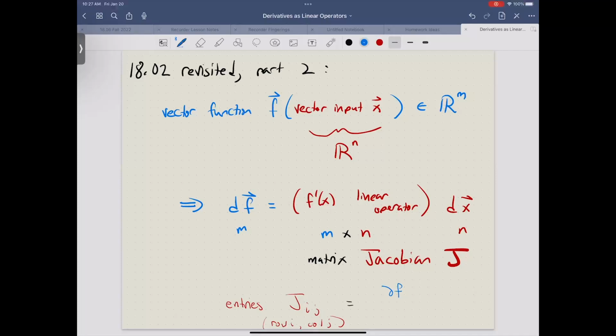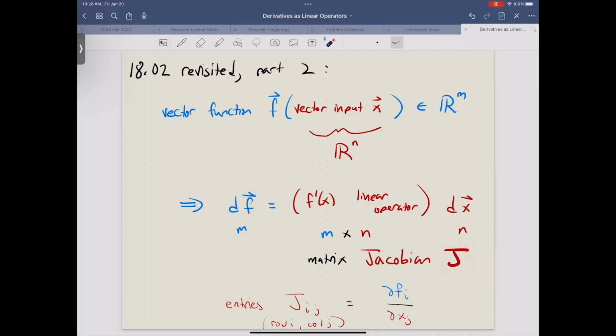It's the same thing as partial f_i, the derivative of the ith output with respect to the jth input. And I always used to get these confused. Which one's the rows, which one's the columns? Is it df_i dx_j, or df_j dx_i? In 1802, people just take the determinant of this matrix for integration, and then it doesn't matter because if you transpose the matrix, it doesn't change the determinant. But as a linear operator, it really matters, right?